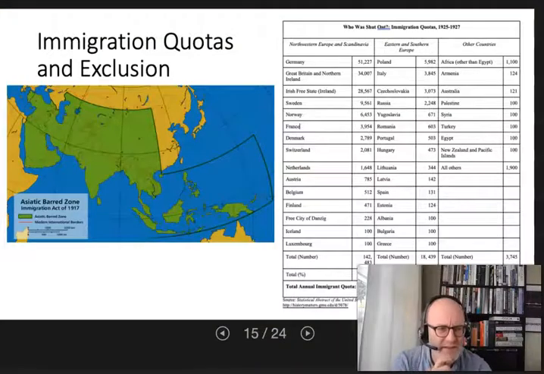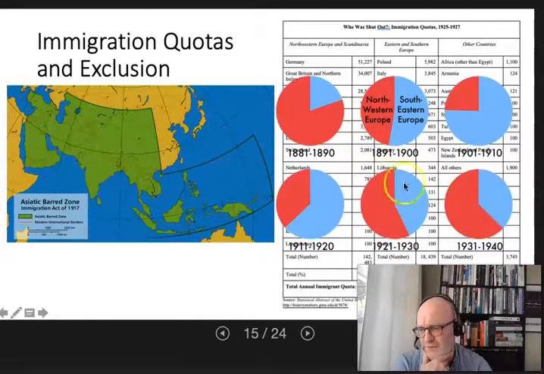Most famously with the immigration quotas of the 1924 Johnson-Reed Immigration Act, which you have here, the quotas heavily weighted towards Northern and Western Europe. You see the numbers here, right, in red being Northern and Western European immigration, and blue being Southern and Eastern European.